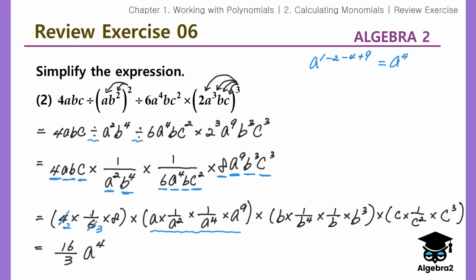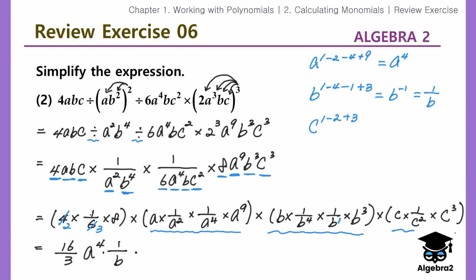Now let's look at this part right here. That's going to be b, 1 minus 4 minus 1, right? And plus 3. So that's going to be 1 minus 1, 0. Isn't it b to the negative 1? So that's 1 over b, right? And times this part right here, we have c, 1 minus 2 plus 3.